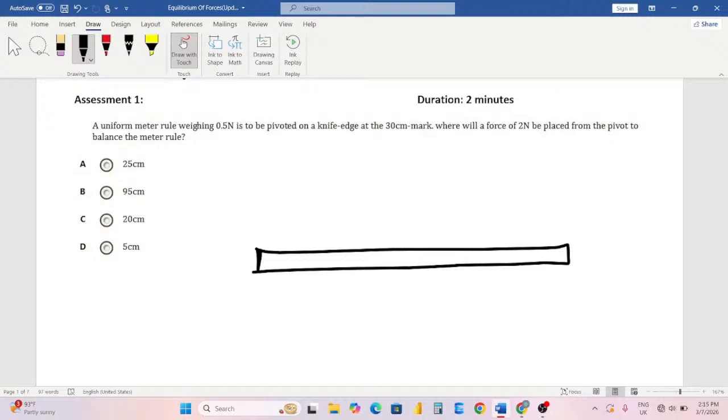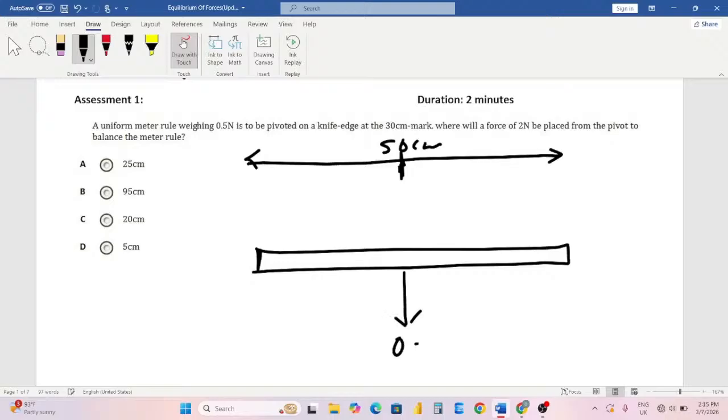Knowing the weight means that even though our meter rule is 100, at the 50 centimeter mark our meter rule weighs 0.5 Newton. It will be pivoted on the knife edge at the 30 centimeter mark. So it was pivoted at the 30 centimeter mark, obviously because a mass was added to it. So that's what they are trying to tell us.